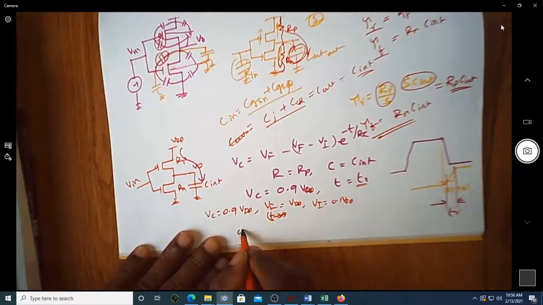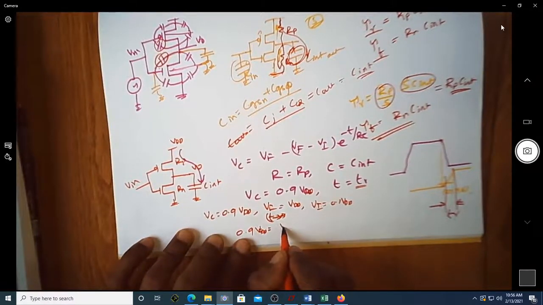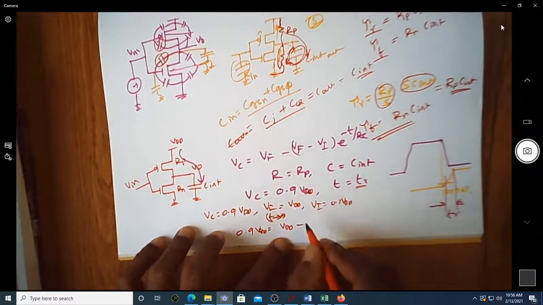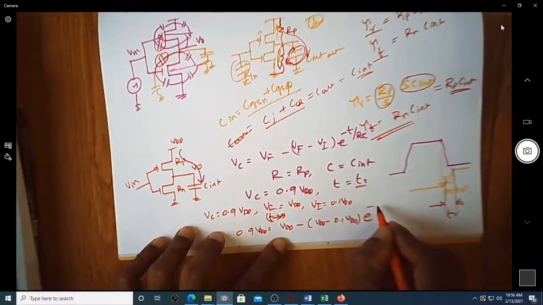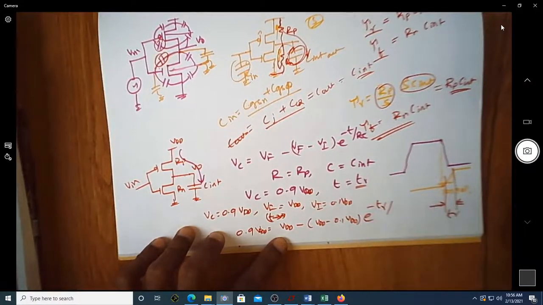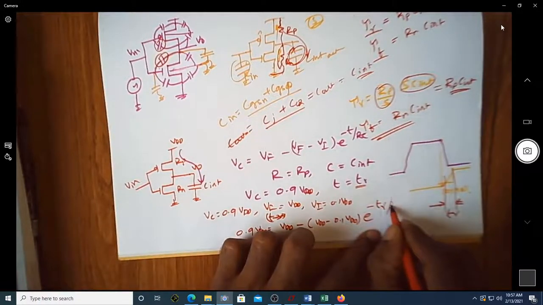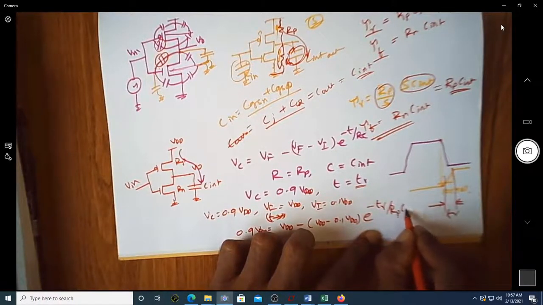If I substitute that, 0.9 VDD is equal to VDD minus 0.1 VDD e power minus tr by Rp into C intrinsic.